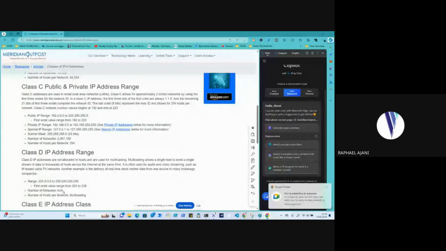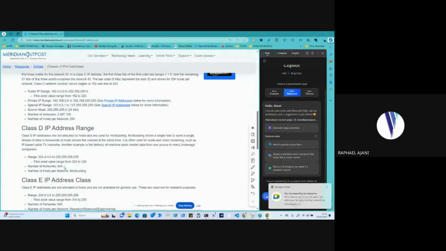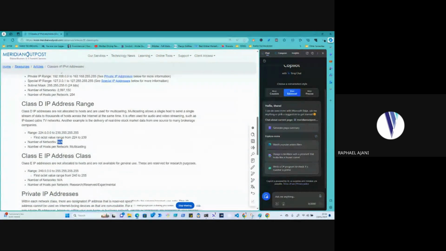Let me show you. They are not in use because you have far fewer networks to use at that level. In fact, there is no network available. Can you see it? For class D and E, there is no network available.